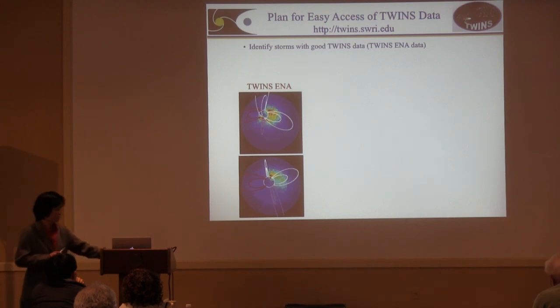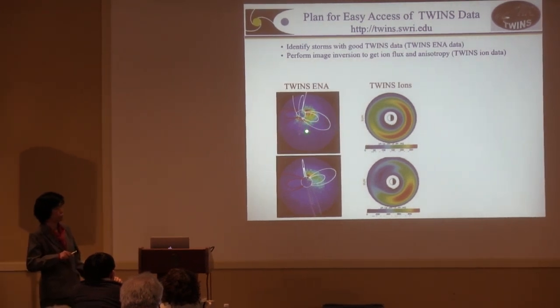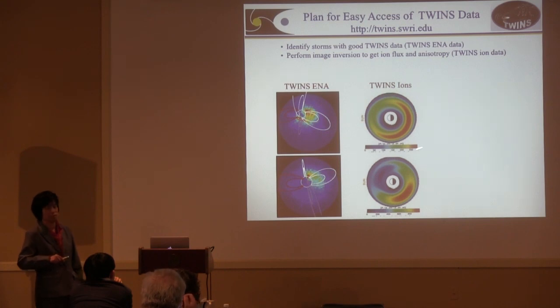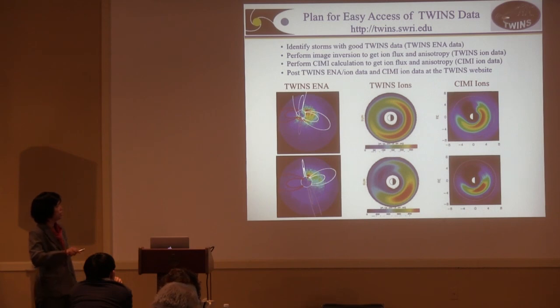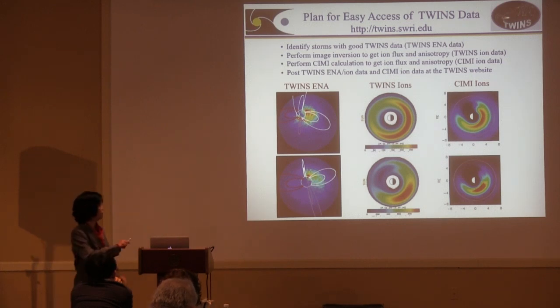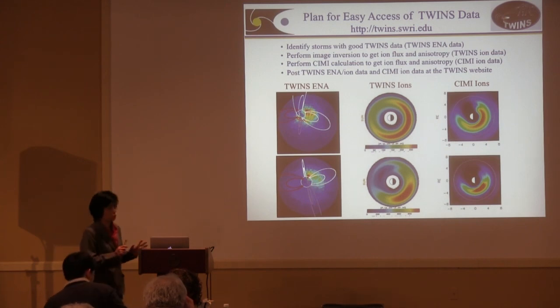Then we have Joe Perez at Auburn do the TWINS image inversion to get the ion flux. We call it TWINS ion. And also, we will run CIMI and give you the simulated ion flux. So, like one-stop shopping, you get the ENA image data, the TWINS ion data, and also the CIMI ion. We're working on this.